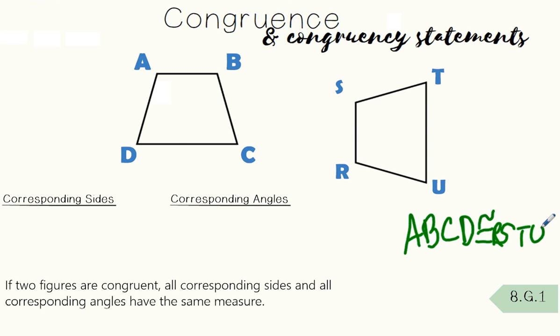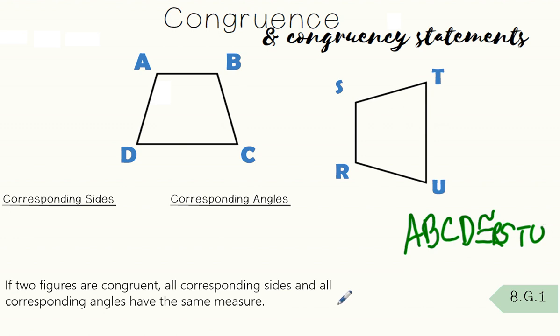The order of the letters is very important. I could not write RSTU in any other order, because then I would not have the correct angles corresponding to the correct angles, and I would not have the correct sides corresponding to the correct sides.